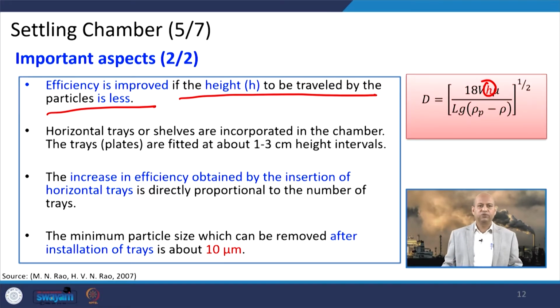Horizontal trays or shelves can be incorporated to reduce this height, otherwise there will be large height. So, you can install more horizontal plates, so that effective height can be reduced for several diameters of particles. The increase in efficiency obtained by the insertion of horizontal trays is directly proportional to the number of trays.